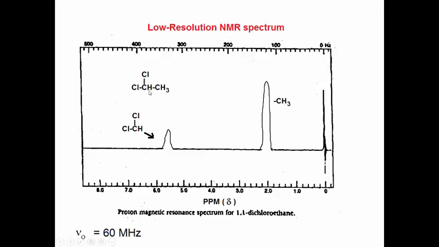Since the single methine hydrogen is closer to the electron withdrawing chlorines, that causes the single hydrogen to be more deshielded than the methyl hydrogens. With a greater deshielding, the signal for that hydrogen is shifted to the left. So this little peak right here is the methine hydrogen. The other peak is the methyl signal.